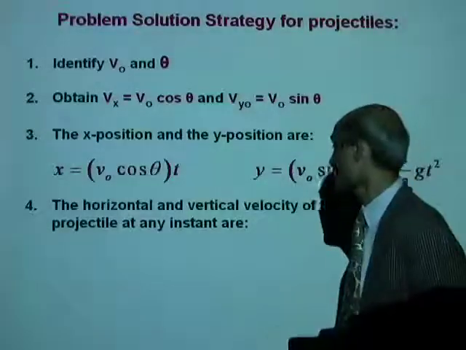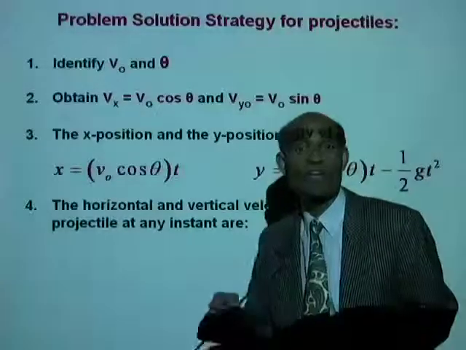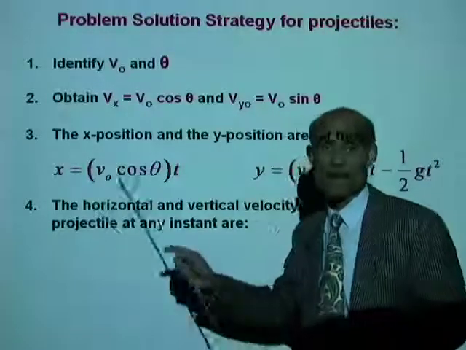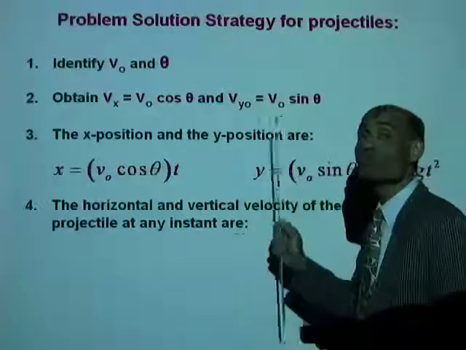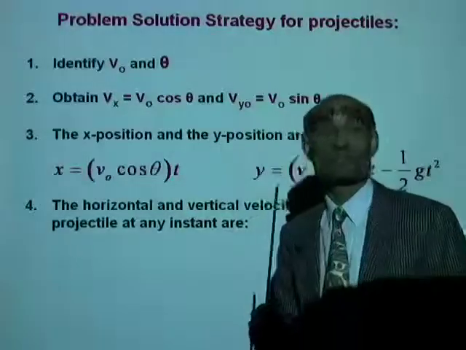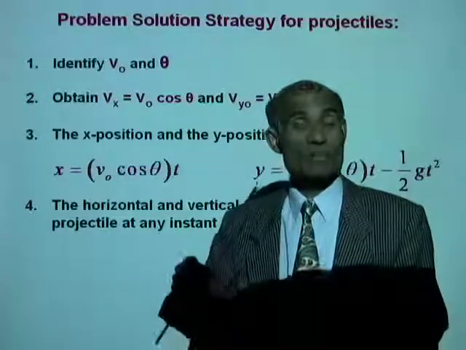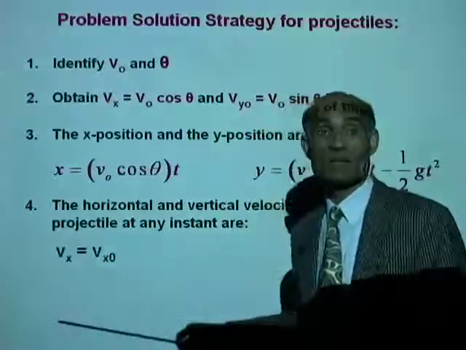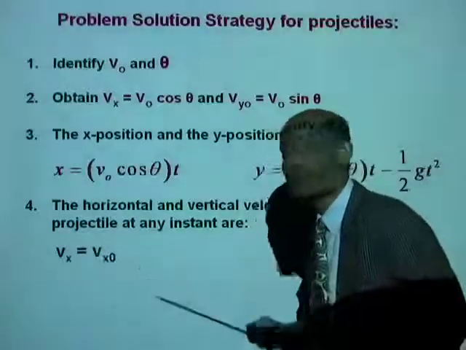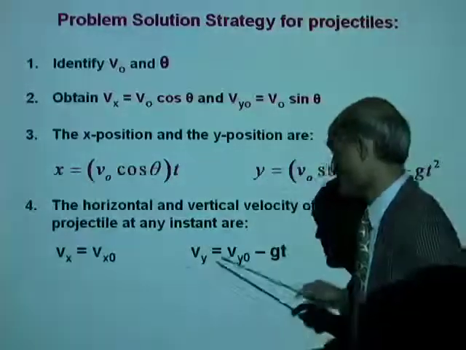Now the horizontal and vertical velocity of the projectile at any given time. The horizontal velocity does not change. How does the vertical velocity change? The vertical velocity Vy equals Vy0 minus gt. So Vx equals Vx0, that will not change.